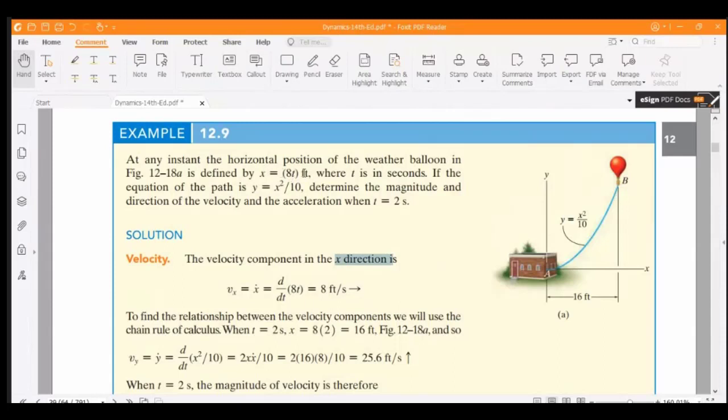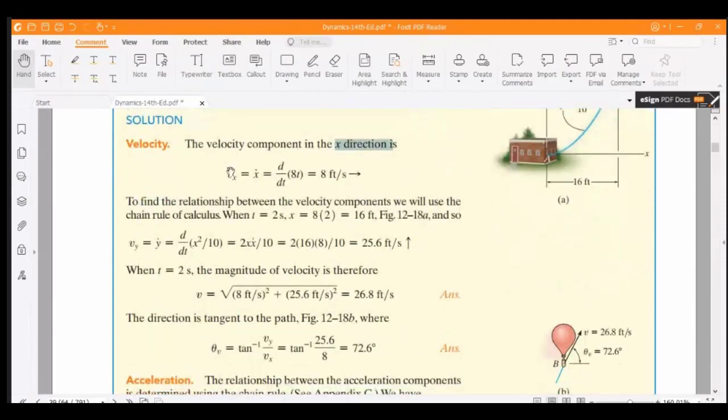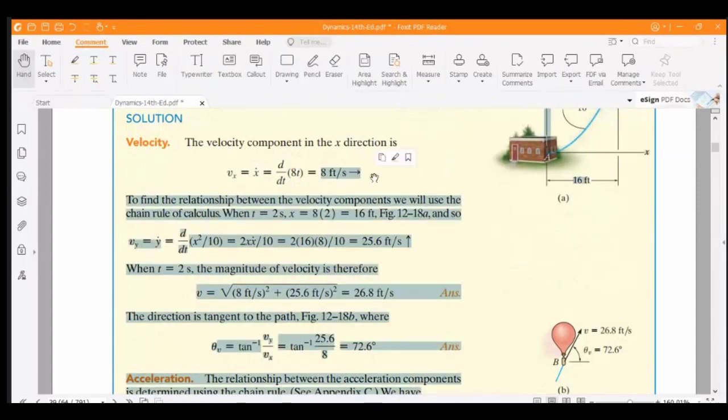So there are two components of position change, and two components of velocity change as well. Vx equals x dot equals d by dt of 8t, equals 8 feet per second.